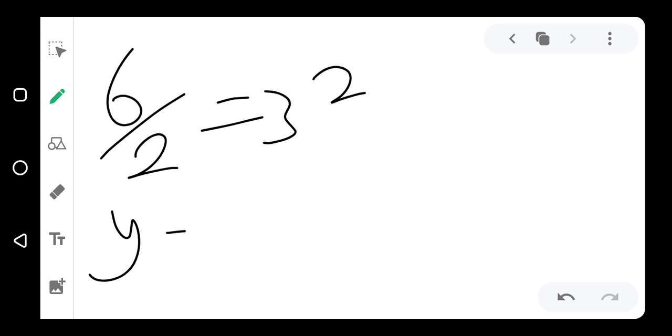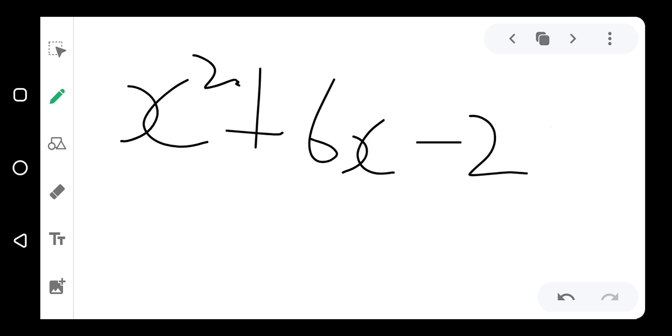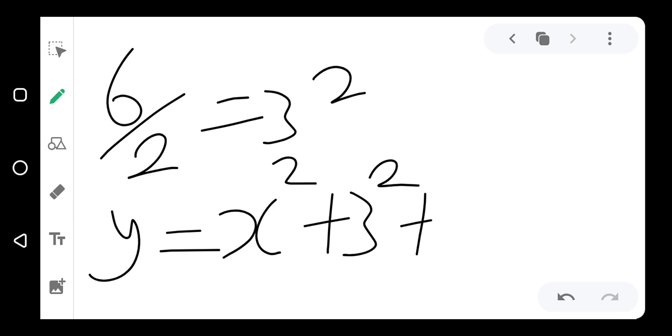So y is equal to, we add and subtract 3 squared. We have x raised to power 2 plus 3 raised to power 2, minus 2. The 2 is still going to be there, minus 2.